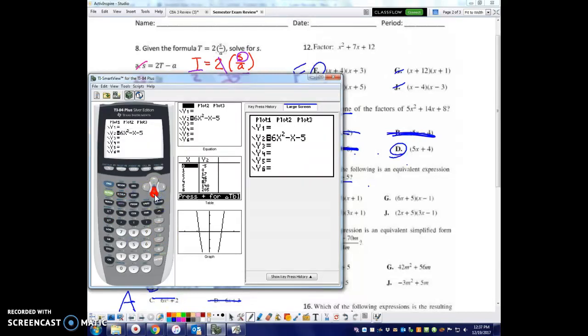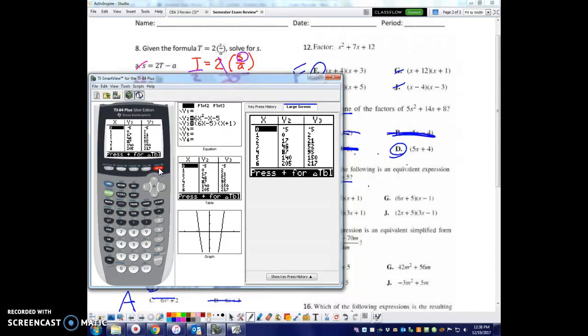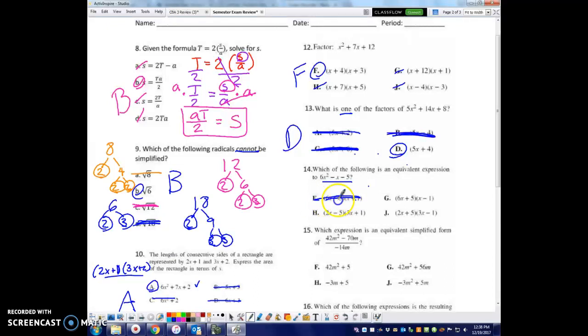And then we start typing in our answer choices. So first one, 6x minus 5, x plus 1. Go to your table. Are they exactly the same? No, they are not.